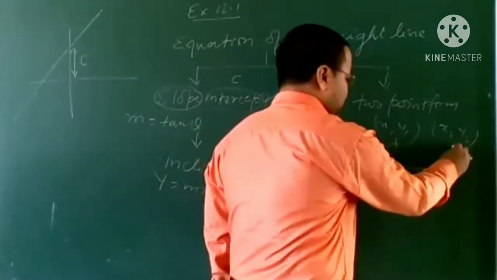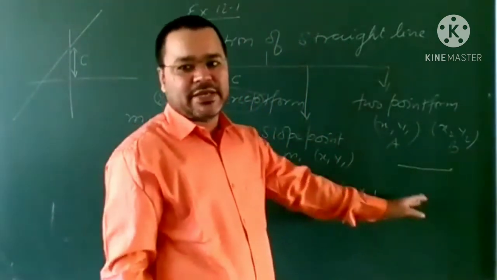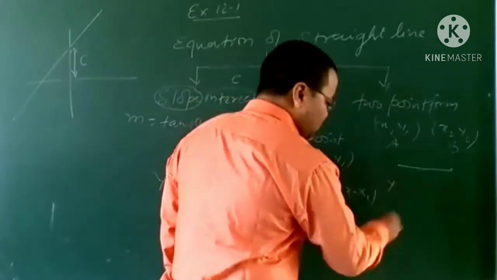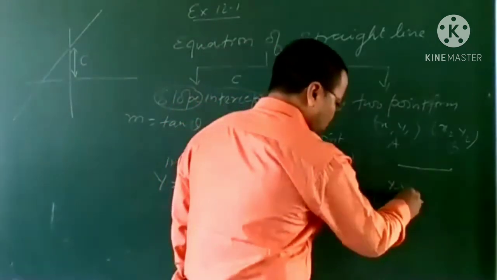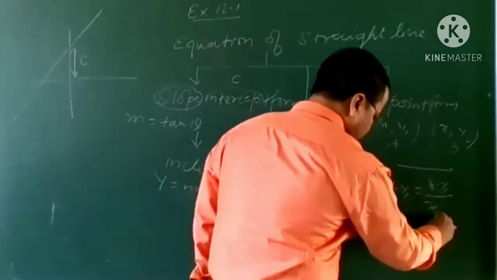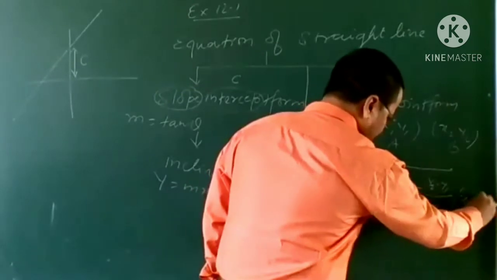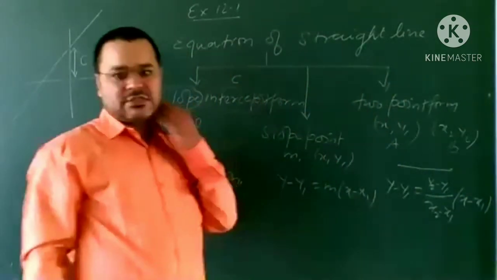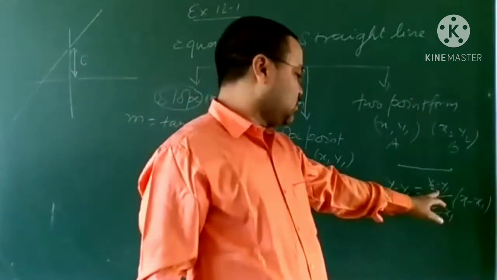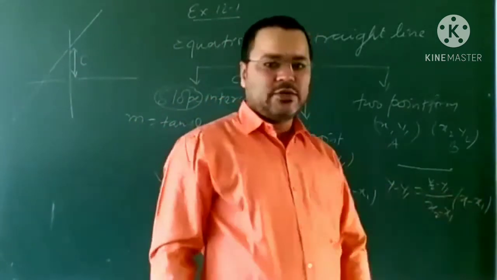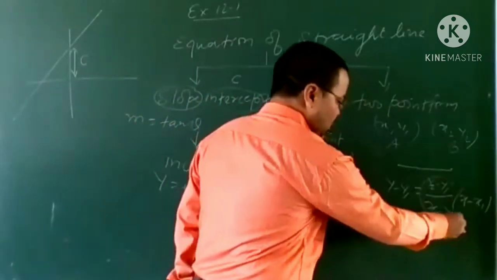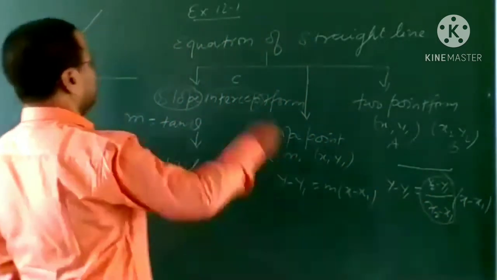This is A and this is B. Here we write y minus y1 is equal to y2 minus y1 upon x2 minus x1 into x minus x1. And what is this? This is the slope m.